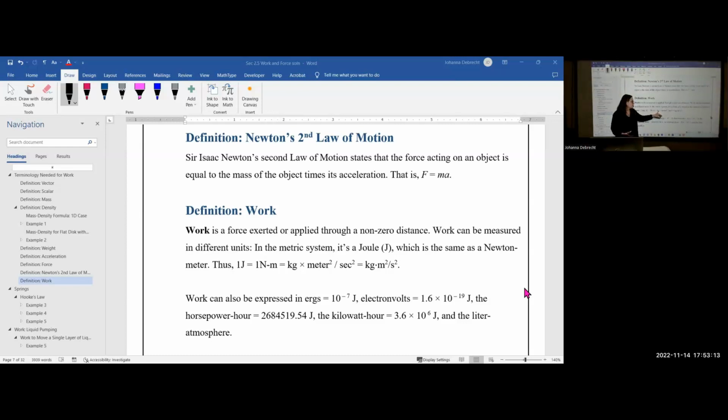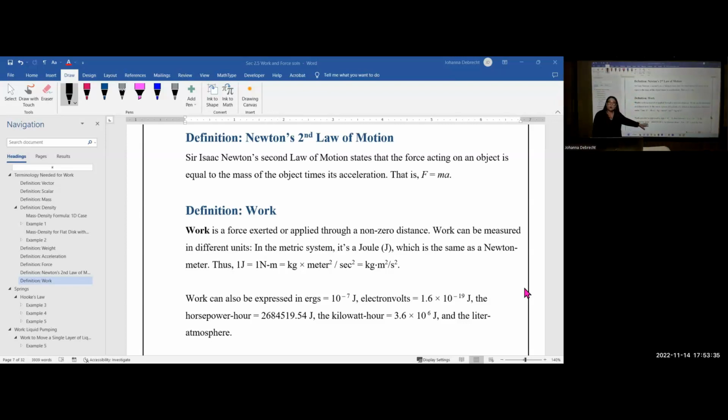And because a Newton is a kilogram meter per second squared, a joule is a kilogram meter squared per second squared. Now, you can also express work in things called ergs, which are very, very small, 10 to the negative 7 joules. Electron volts, 1.6 times 10 to the negative 19 joules, tiny, tiny little things.